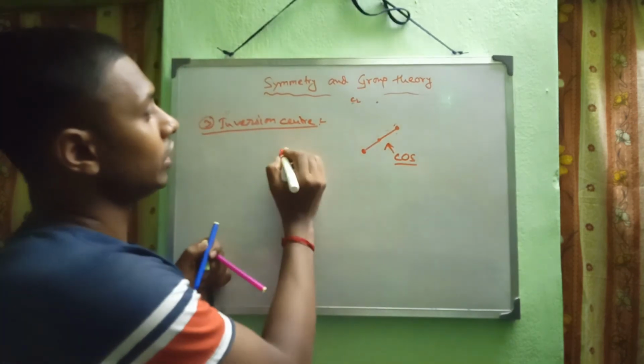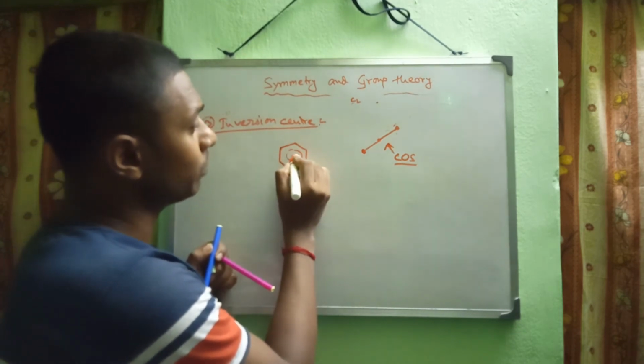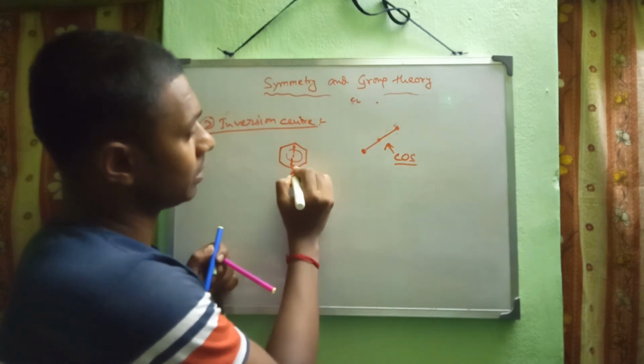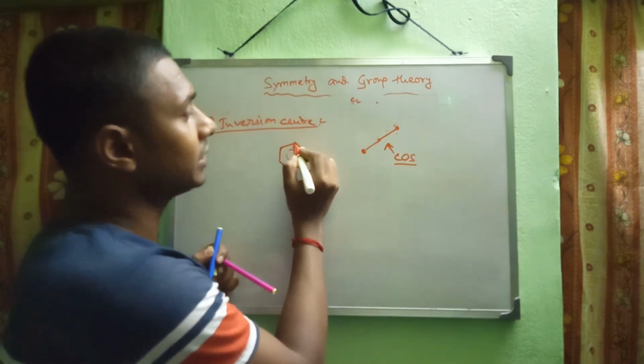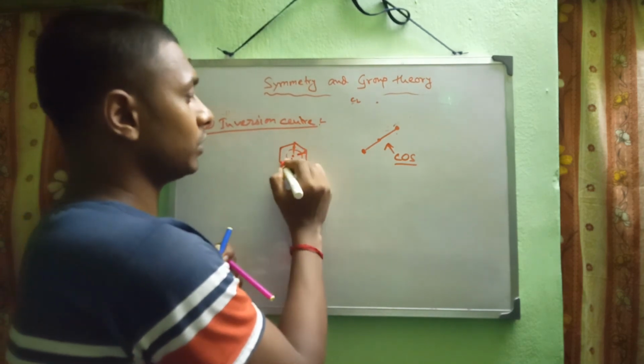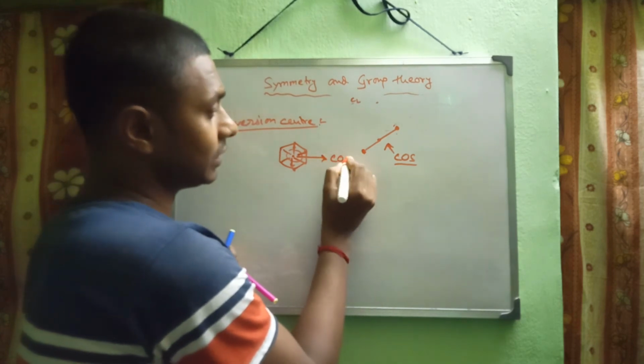Clear? For example, if we take benzene, then from the center, these 2 carbon atoms are in opposite directions, and the distance of this carbon and this carbon are the same from the origin. Similarly for this. So the benzene molecule has a center of symmetry.